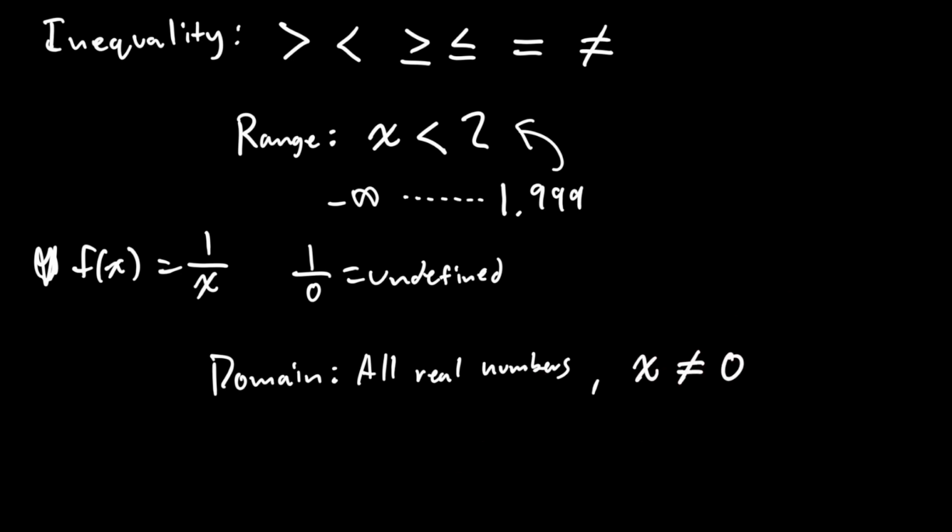Now there is a shorthand way of writing all real numbers, and it's this. So instead of writing this out all the time, you could just write the domain as x, then this symbol, and then a capital R for all real numbers.